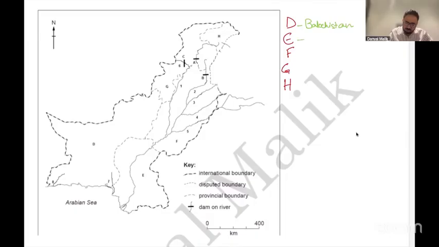E is going to be Sindh. Then F is going to be Punjab. G is going to be KPK. And H is going to be Gilgit Baltistan.